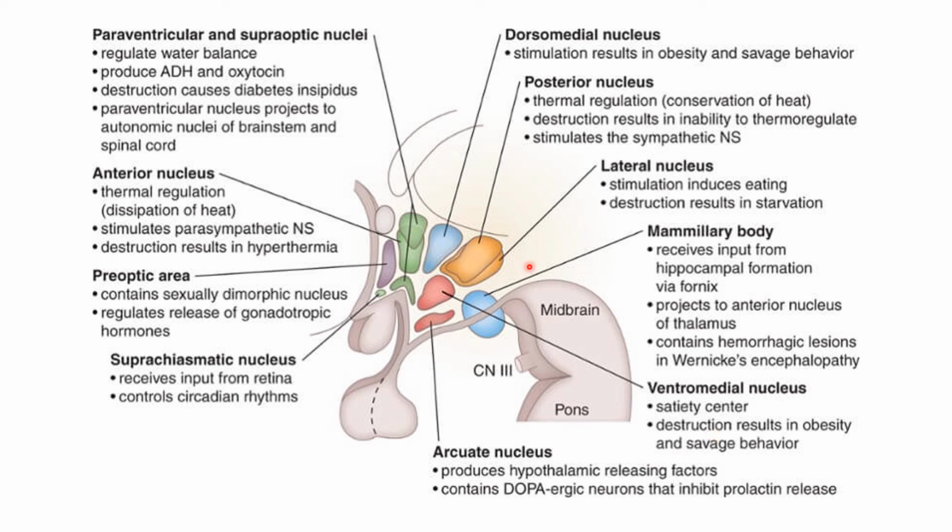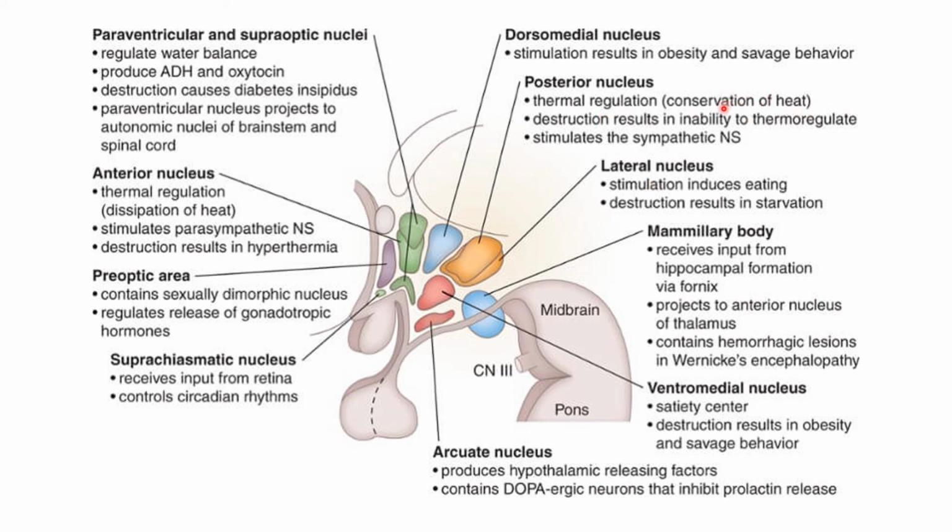And on the opposite side, we have the lateral nucleus, which induces stimulation, inducing eating. We have as well the mammillary body, which receives input from the hippocampus, again by the fornix, and projects as well to the anterior nucleus of the thalamus, the mammillary thalamic tract. So we have the fornix and the mammillary thalamic tract as well, the different connections of the limbic system.